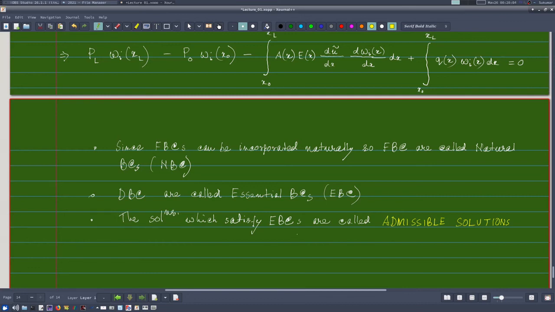And the approximate solution which is to be used must satisfy the essential boundary conditions by definition, and therefore only admissible solutions we should take as the approximate solution while solving the problem. Okay?